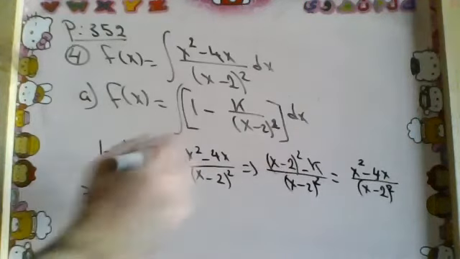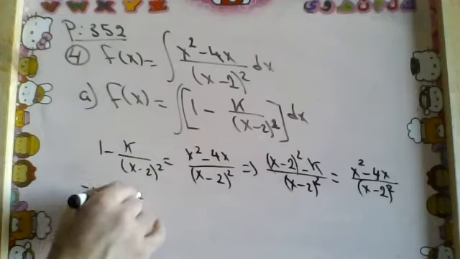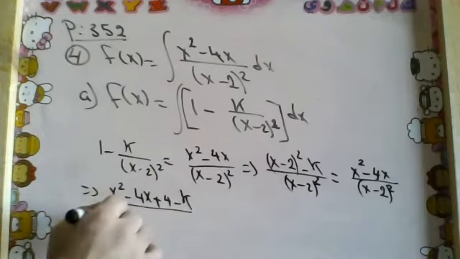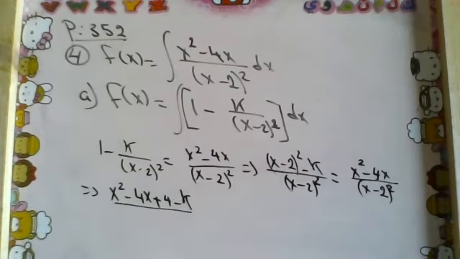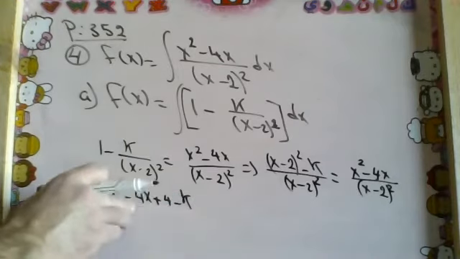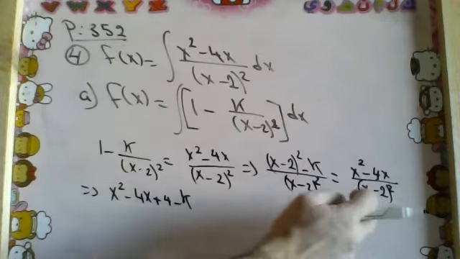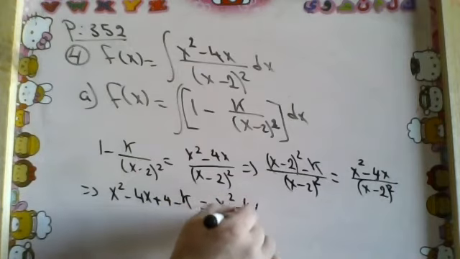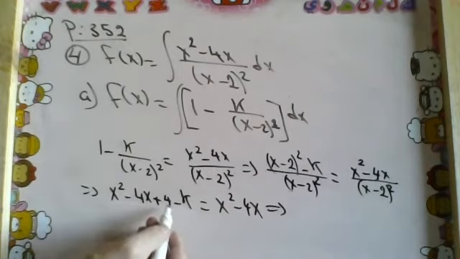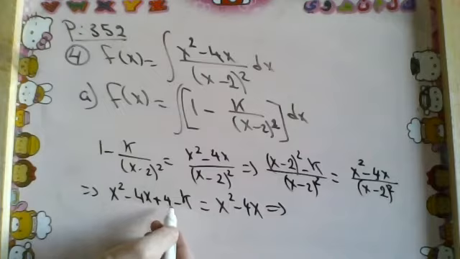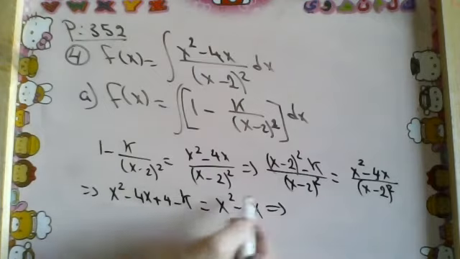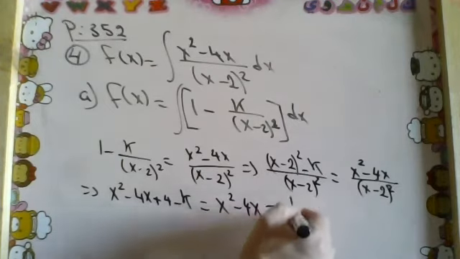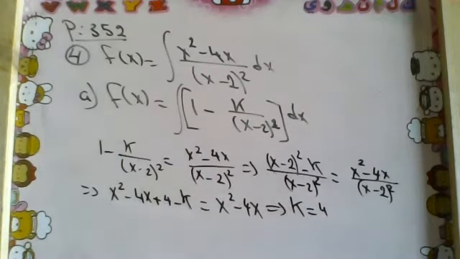Expanding, x squared minus 4x plus 4 minus k. No need to write the denominator, because here you have the same denominator, then the numerators are equal. So it's equal to x squared minus 4x. Simplify x squared with x squared, 4x with 4x. That means that 4 minus k is equal to 0. Then k is equal to 4.